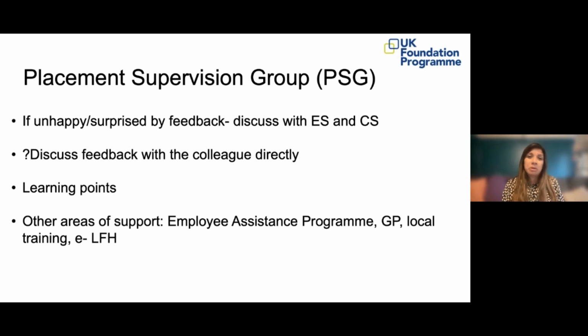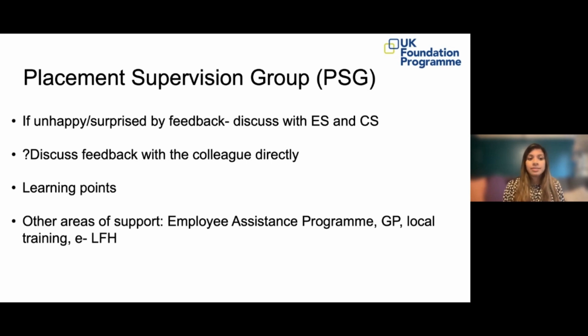So it's also possible that you may discuss the feedback with the colleague directly. It's always really useful, for both good and bad feedback, to think about those learning points, and if there's anything we can improve upon, and anything in the context of comments that may have influenced your own personal well-being as well.